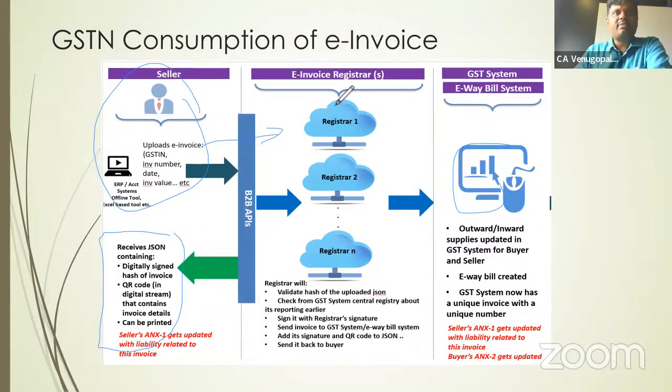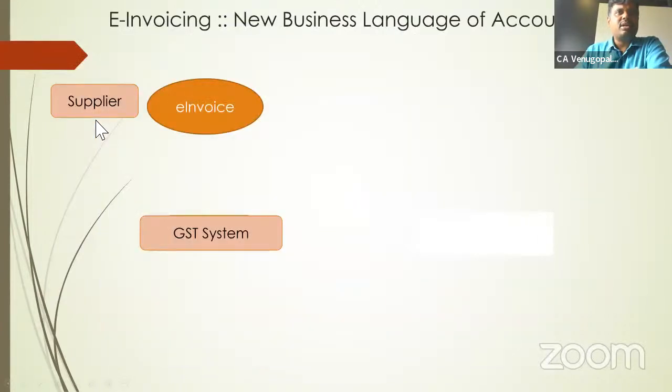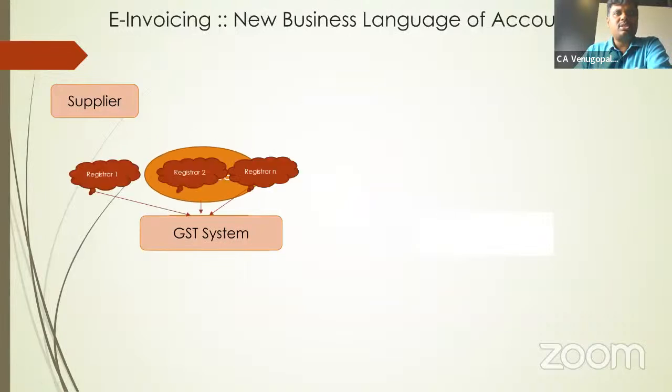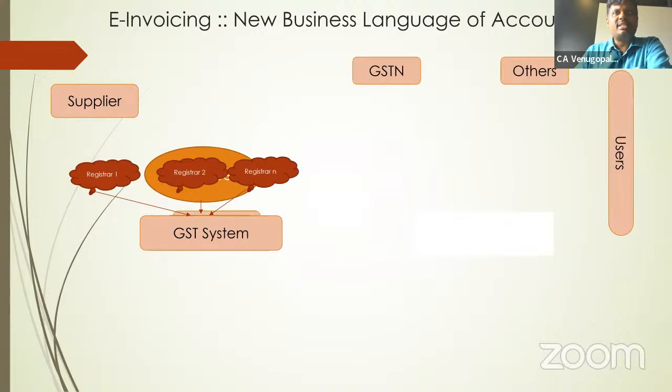In fact, I have an animated way of explaining. As a supplier, you do an e-invoice, push it to GST system, which is registrar 1, 2, 3, and this registrar will connect to the GSTN portal, generate an e-waybill, e-invoice.